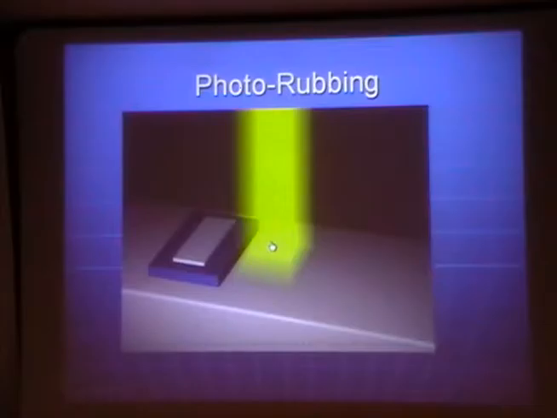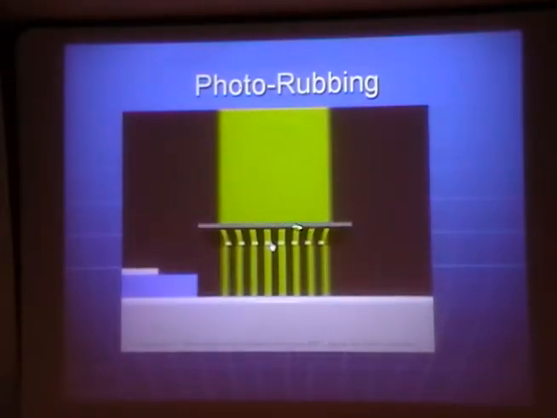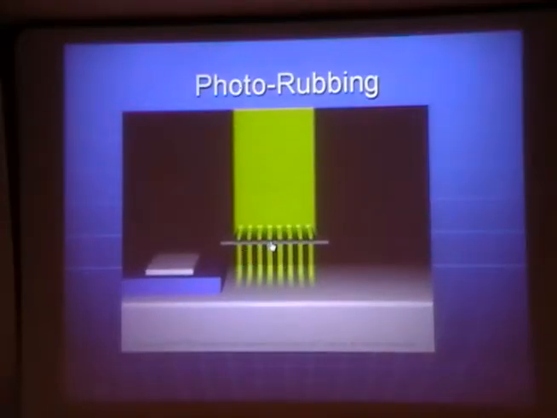Instead of just aligning with uniform light, by inserting a slit like this, and sliding the surface through these interference fringes, then you get a pretilt angle, even for parallel or perpendicular type photoalignment materials. This idea also came from the symmetry breaking.